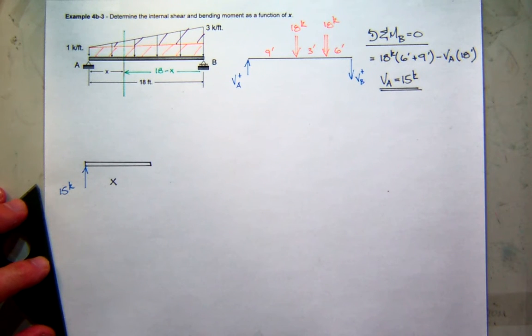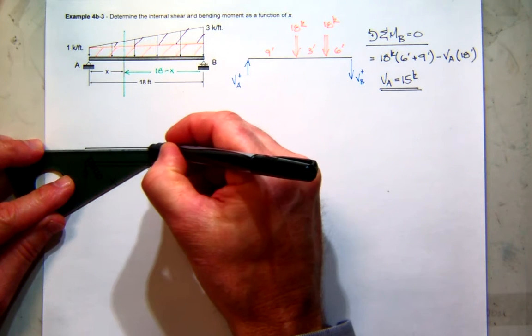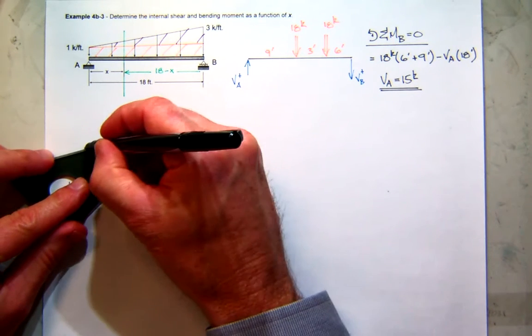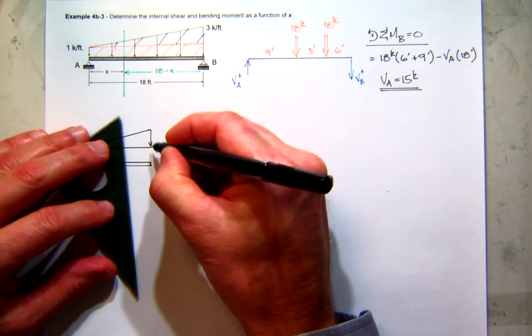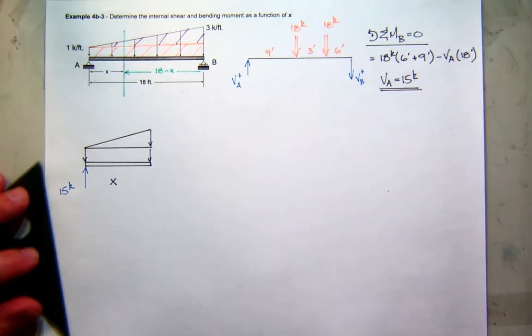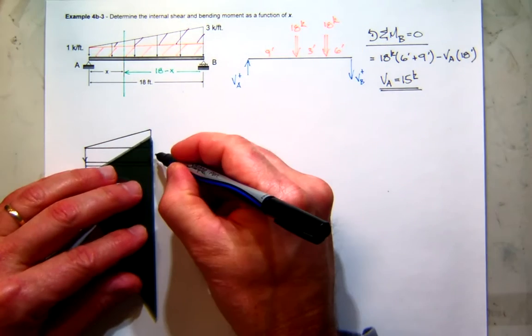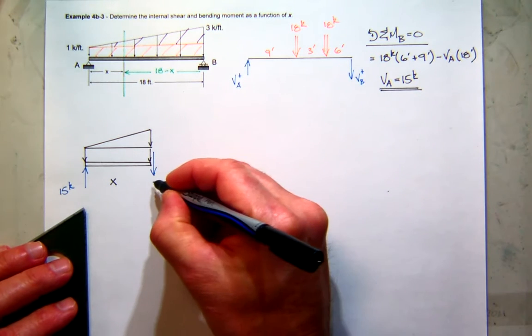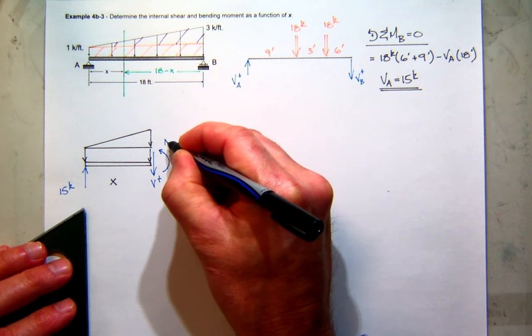And I'm going to have a rectangular portion and a triangular portion in my loads. And we'll come back to those in a second. And then, of course, at the cut, I'm going to have positive shear force and positive bending moment.